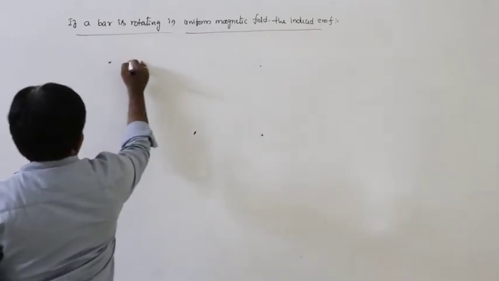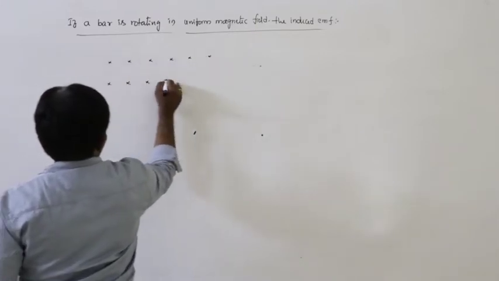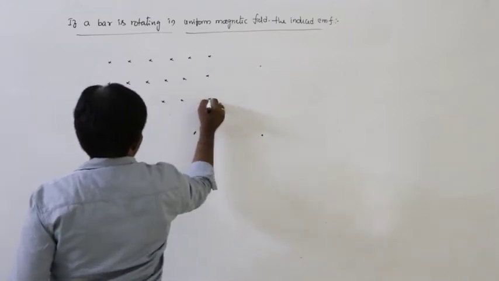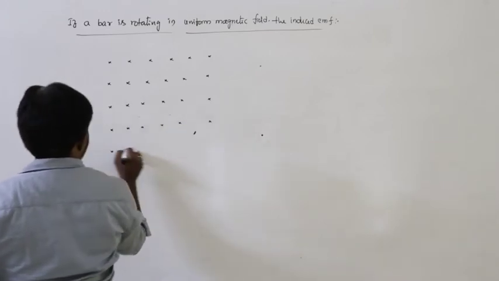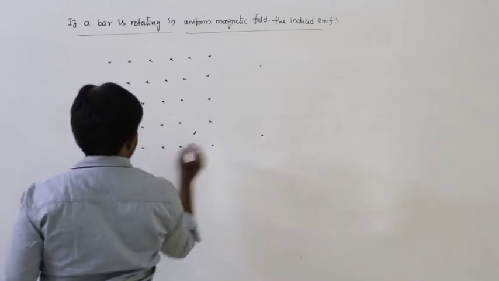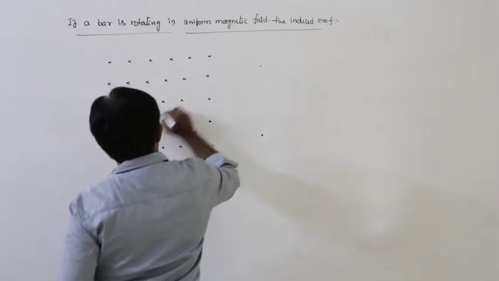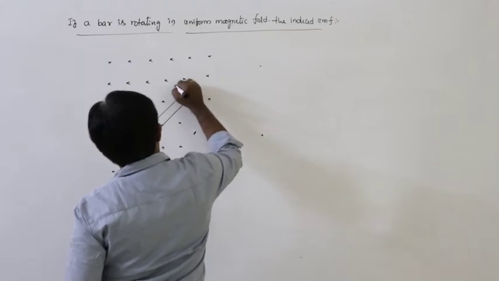See here, this is the bar, this is the direction of the magnetic field, inwards. Let us say this is the bar rotating in the magnetic field with velocity v.